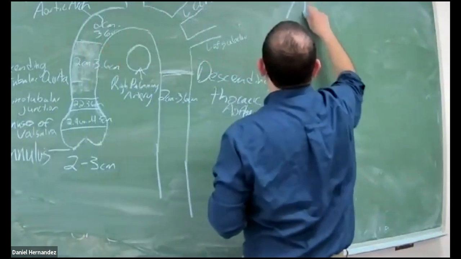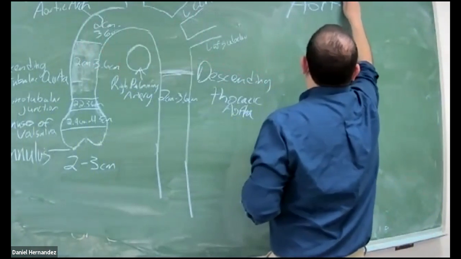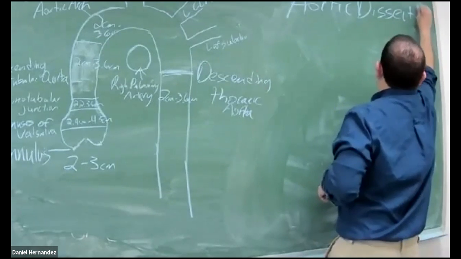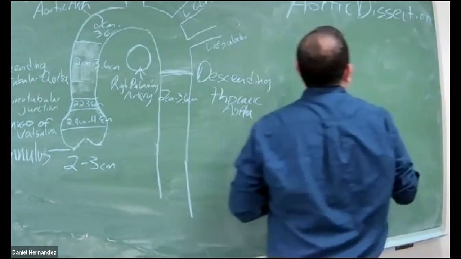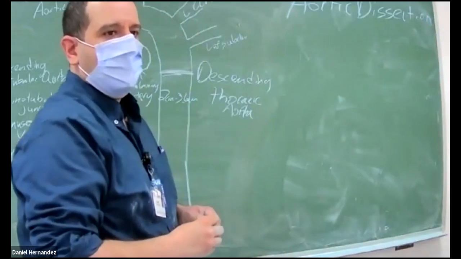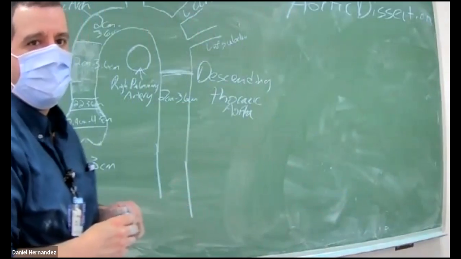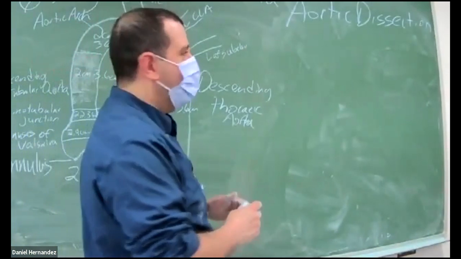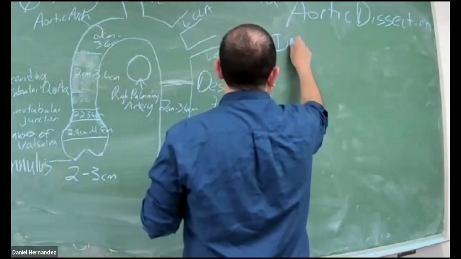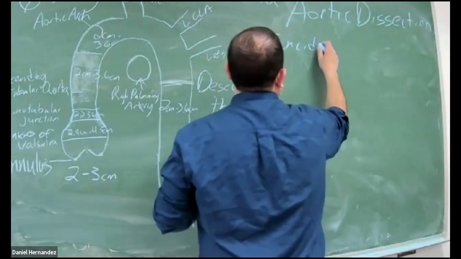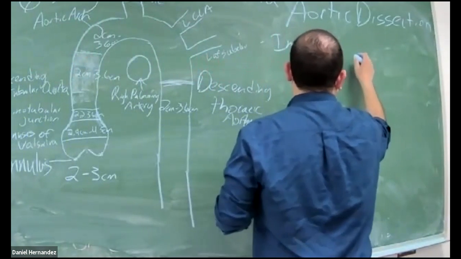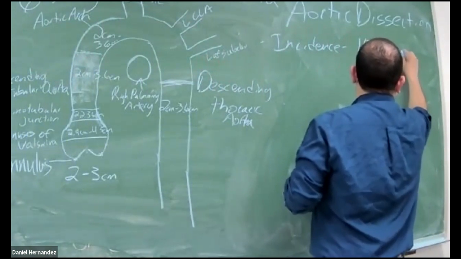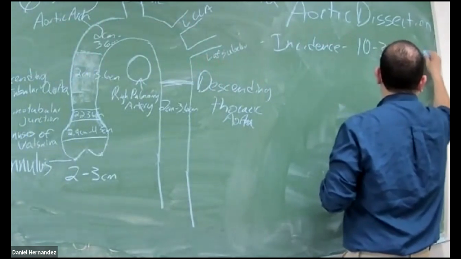All right, so aortic dissection now. The annual incidence of aortic dissection is between 10 and 30 per million.